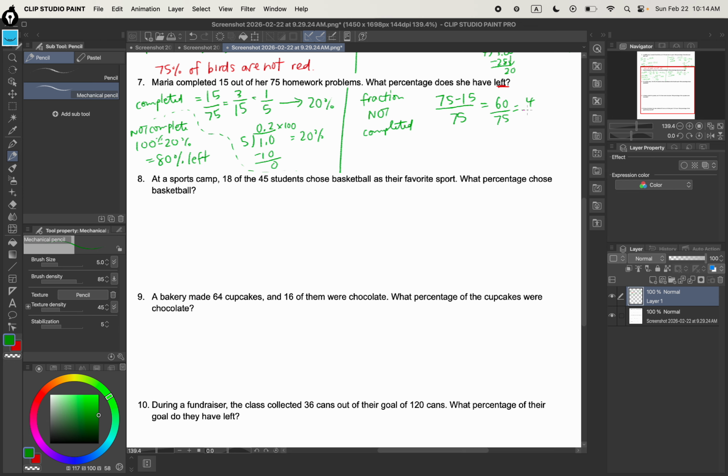Divide by 15 is 4/5, okay? So either you go, I know that's 80%, or you can do 4 divided by 5. Okay, that fits 8 times, easy, times 100 equals 80%.